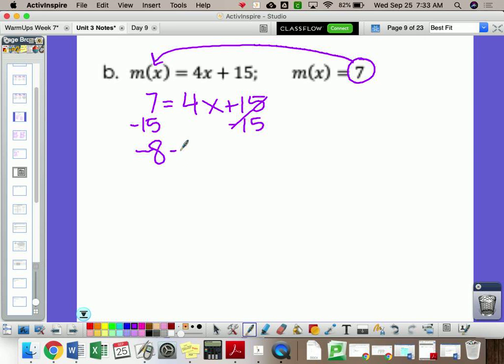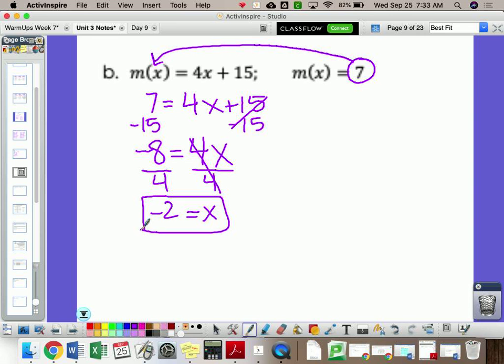And I get negative 8 equals 4x. And then I need to divide by 4. So x equals negative 2. So what this means is when we have the function m and x was negative 2, our function should equal positive 7.